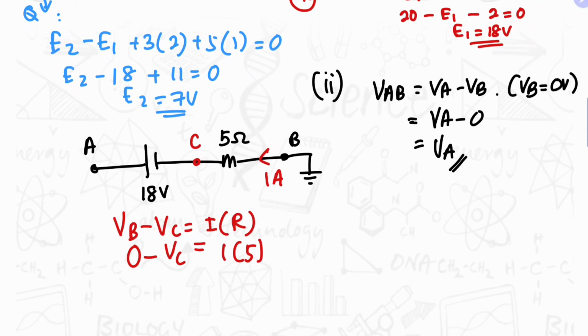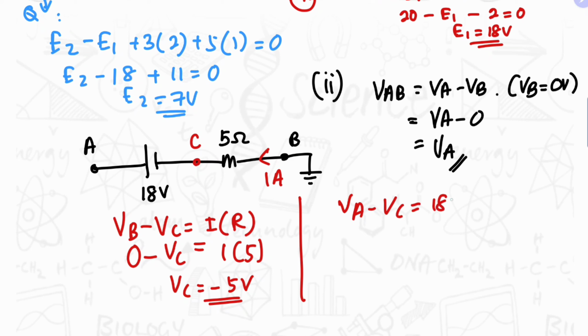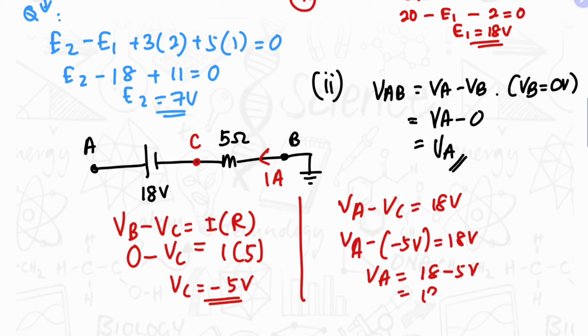VC is equal to minus 5 volts. And also VA minus VC is equal to 18 volts. So VC is minus 5 volts. Therefore VA is equal to 18 minus 5 volts, that is 13 volts. Therefore VAB is equal to 13 volts.